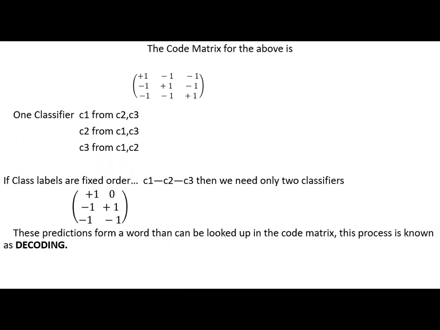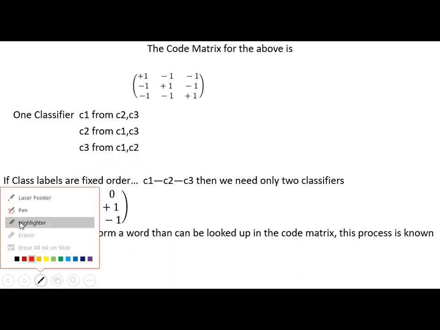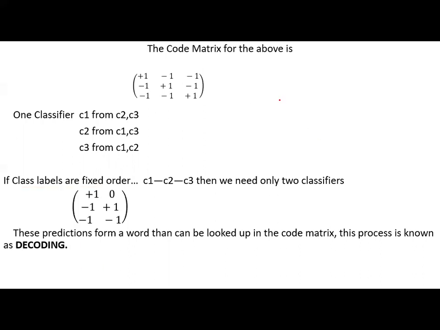For example, the search word is -1, +1, -1. So clearly, if this is searched, we will end up with class C2. So we say class C2 is selected or predicted.